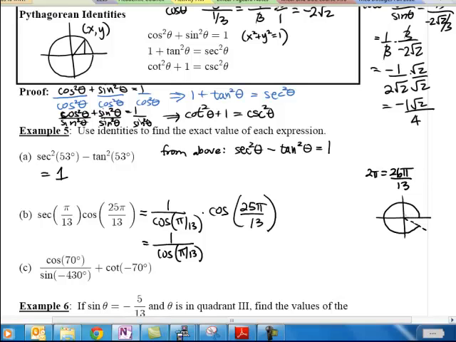But if that's our angle, 26 pi over 13, notice that if we take pi over 13, those are going to have the same cosine values. Because the x-coordinate would be the same no matter which of these two angles we have, whether we're looking at pi over 13 or whether we're looking at 25 pi over 13.